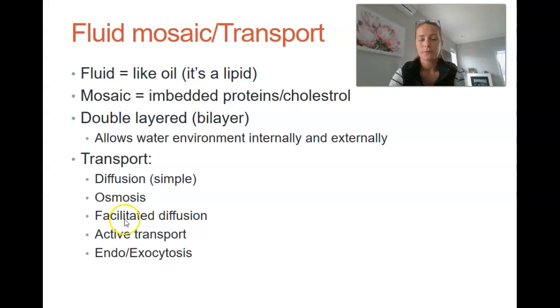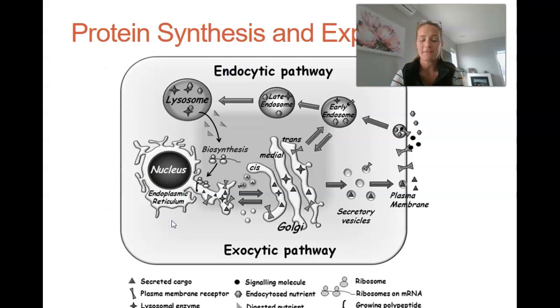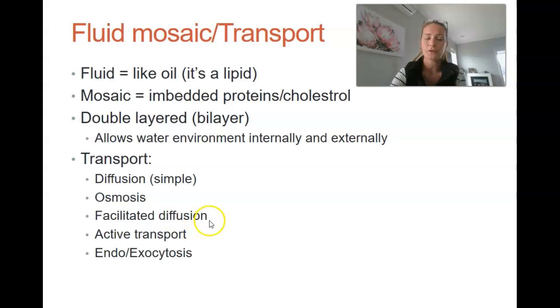Facilitated diffusion. So again, similar to diffusion, but with the added caveat that we are moving through a protein channel. So why would molecules need to use a protein channel instead of moving directly across the lipids? If they are too large or if they are polar.